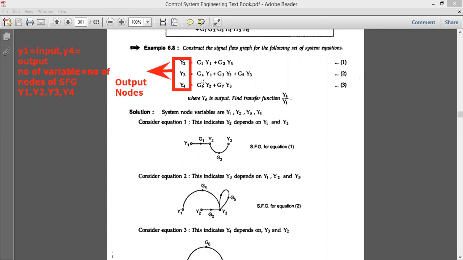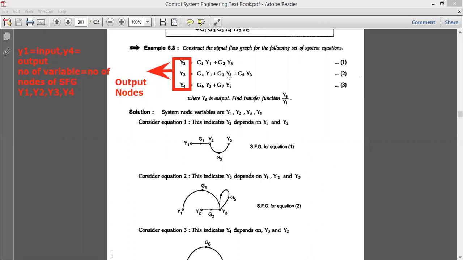Let us take the first variable, y1. It should start at y1 and end at point y3. From y1 I have dragged a line and kept it at point y3, whose gain, that is the coefficient or branch gain, is g4.